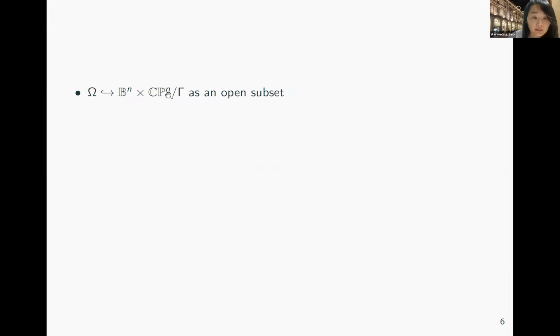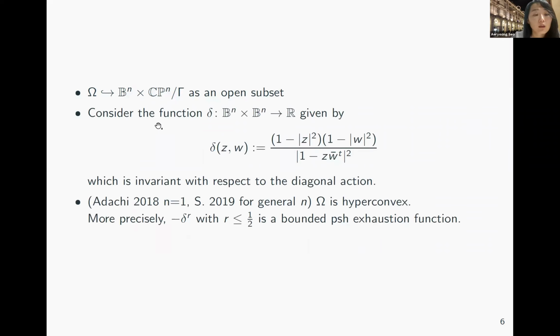Because, as I told you before, any automorphism can be extended to an automorphism of CPn. So we can consider the following CPn fiber bundle, and this omega is an open subset in this bundle. And now consider the following function, delta, from Bn times Bn to R, given by like this.